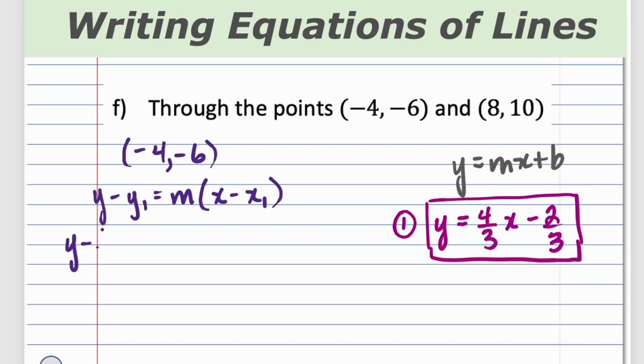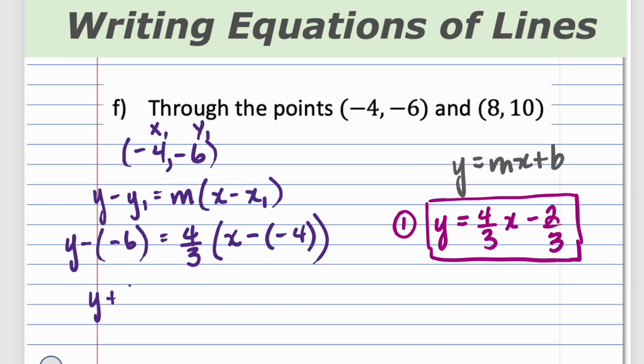Y minus a negative 6 for the y equals, slope was 4/3 and the x minus the minus 4. Y plus 6 is equal to 4/3 times x plus 4.